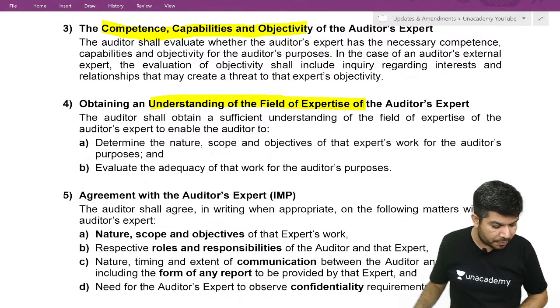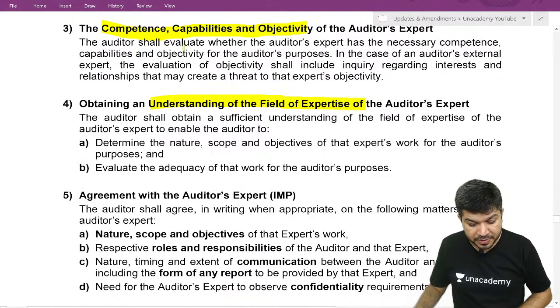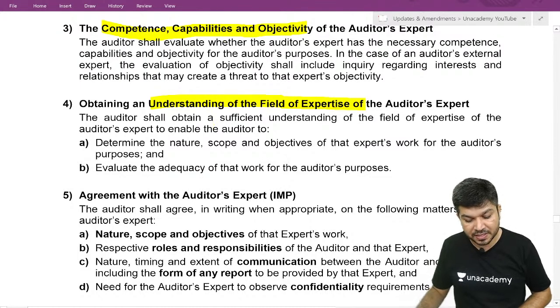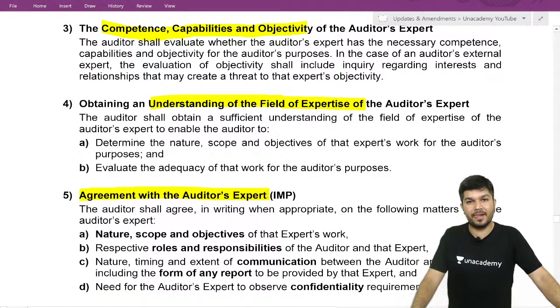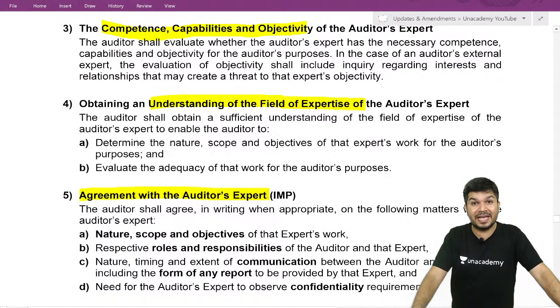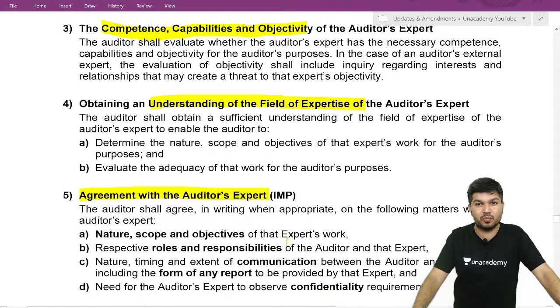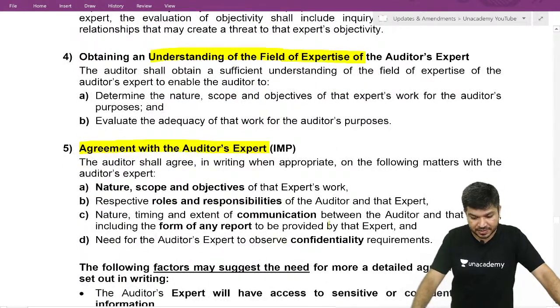So before appointing, you need to check competence, capability, objectivity, understand the field of expertise, and you need to enter into an agreement with expert. While appointing, you have to enter into an agreement with expert. Now, sir, why you should have an agreement? You shall agree in writing on the following matters: 1. Nature, scope, objective of his work. The roles and responsibility.